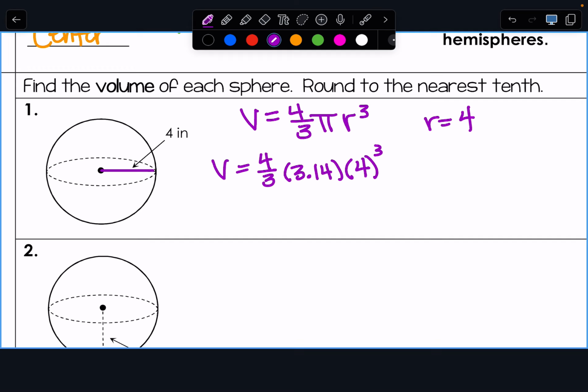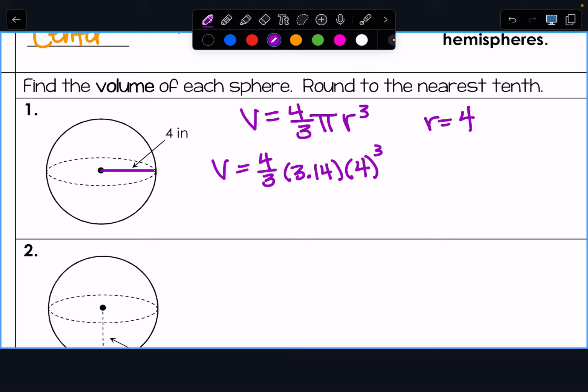Now, I want everybody to just drop your pencil, drop your calculator, and I want you to listen. First of all, what does 4 to the third power mean? 4 times 4 times 4. Second of all, just like when we did pyramids and cones, I want you to multiply by this fraction very last.